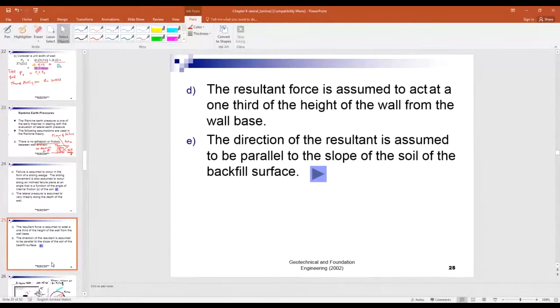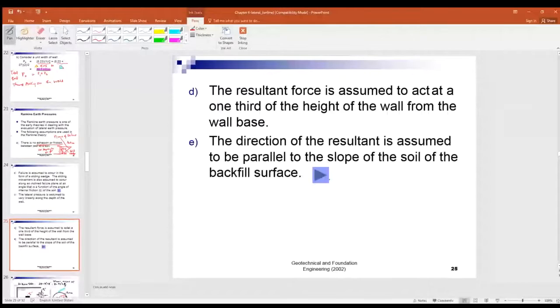We have demonstrated that the centroid of the triangle is always at 1/3 of the height from the base of the wall. And the direction of the resultant force is parallel to the slope of the backfill surface.